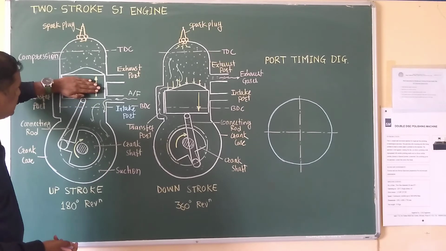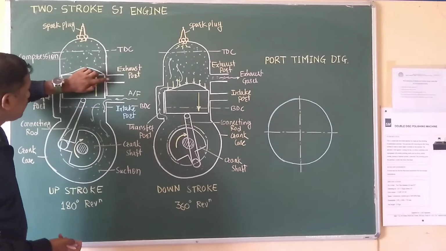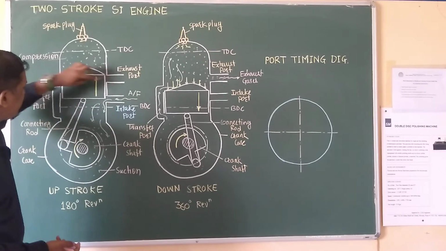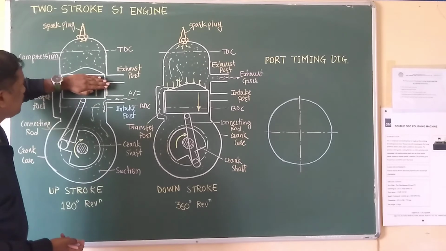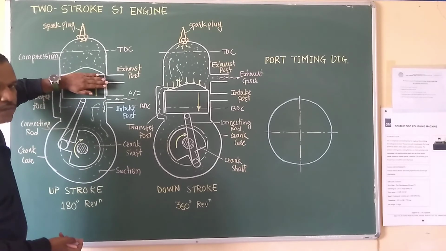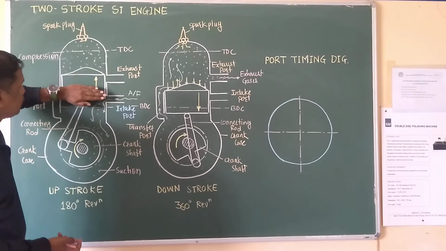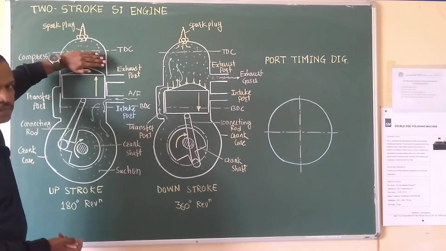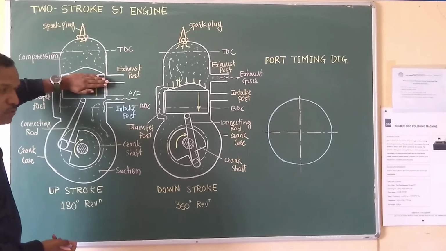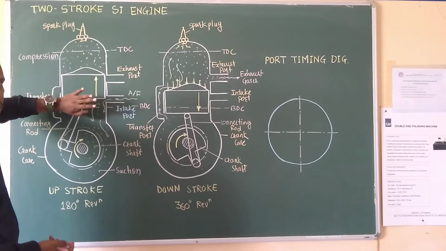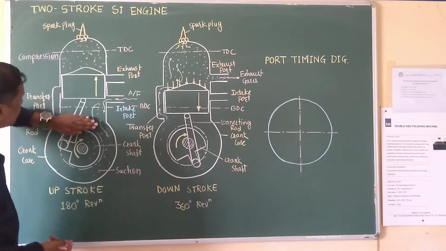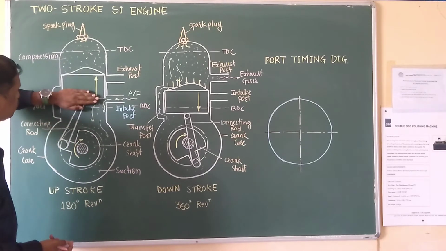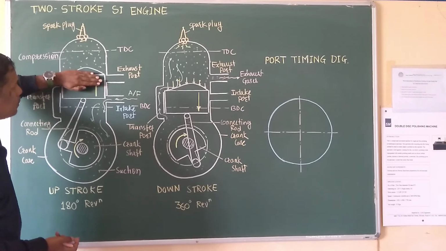But one thing we observe is that for having power, only two ports actually come into play, that is the exhaust port and transfer port. Even though there is opening and closing control by the piston of the inlet port or intake port, it is not reflected on the port timing diagram. On the port timing diagram, mostly only the transfer and exhaust ports are reflected.